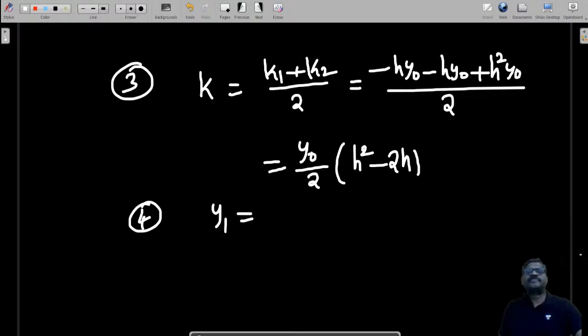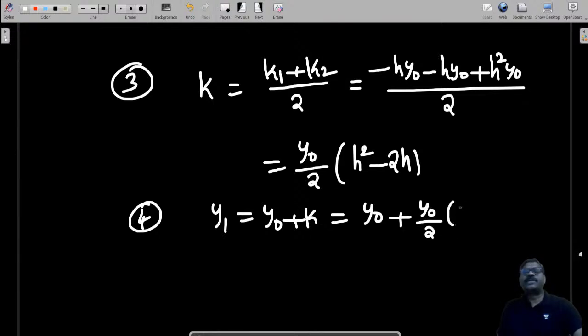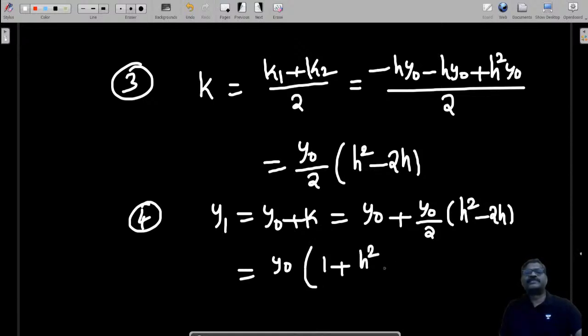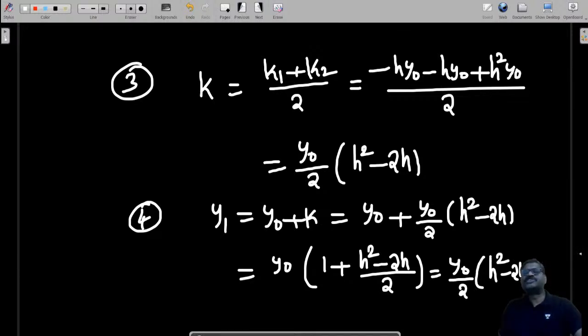Fourth one, y1 equal to y naught plus k, that is y naught plus y naught by 2 of h square minus 2h. Finally, y naught of 1 plus h square minus 2h by 2, that is y naught by 2 of h square minus 2h plus 2.